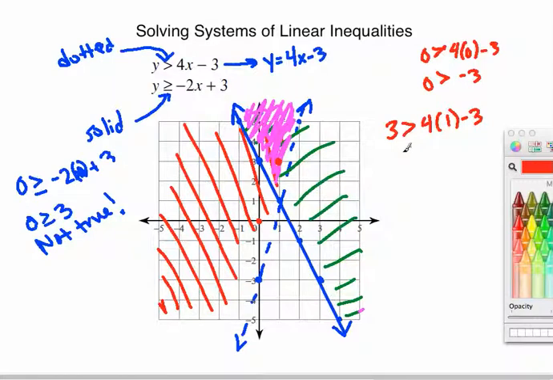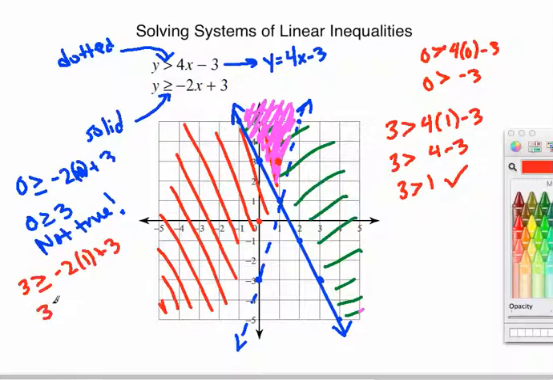This is a good check to make sure that you did it right. So 3 is greater than 4 minus 3. 3 is greater than 1. Okay, that's true. I'm going to do the same thing over here. 3 for y is greater than or equal to -2 times 1 plus 3. 3 is greater than or equal to -2 plus 3, which is 1, and that is also true. So we know that this was the correct solution.